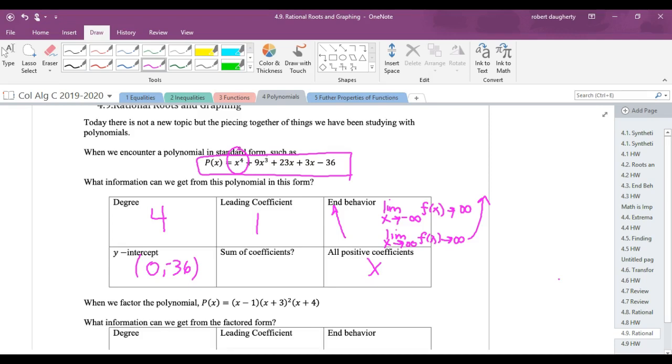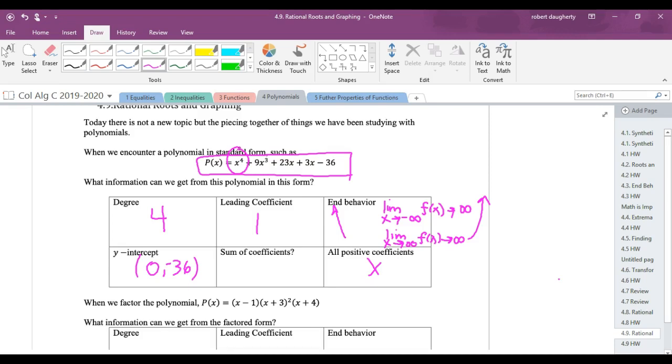And the degree is 1 plus 2 plus 1. No, you look at the fourth degree is my highest term. The number in front of it is 1. If this had been 2x to the fourth, the leading coefficient would be 2. That's if it's in standard form versus if it's in factored form.